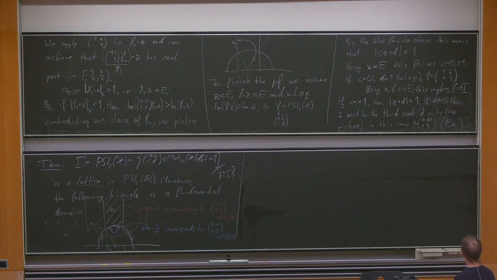So that means we are down to the case C is equal to plus 1, in which case our formula up there, |CZ plus D| less or equal to 1, simplifies to |Z plus D| less or equal than 1. If D is not 0, then this actually implies that Z is only the third root of unity point, and we leave this as an exercise.